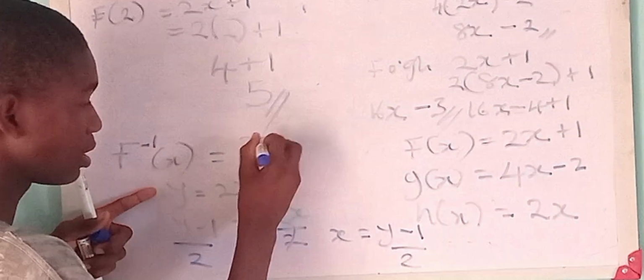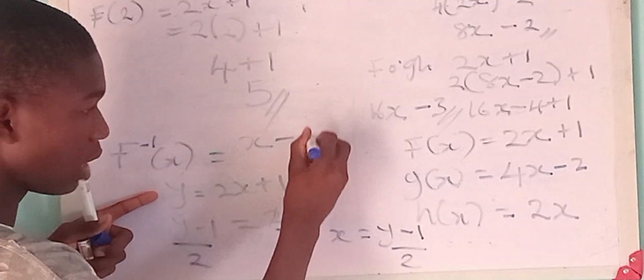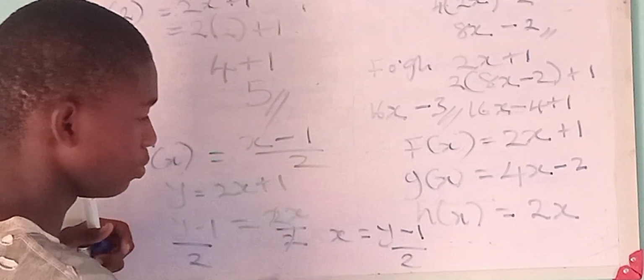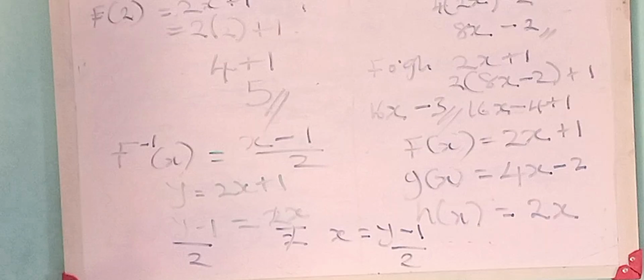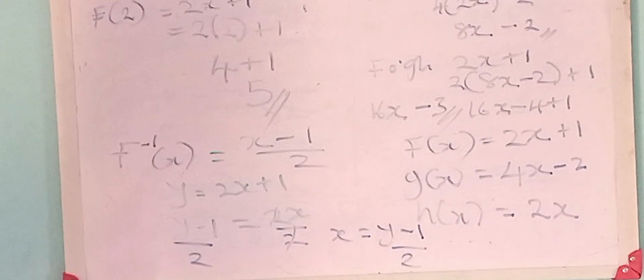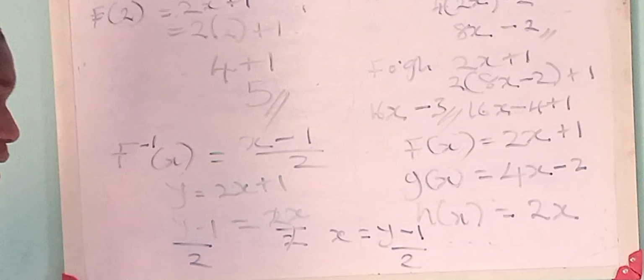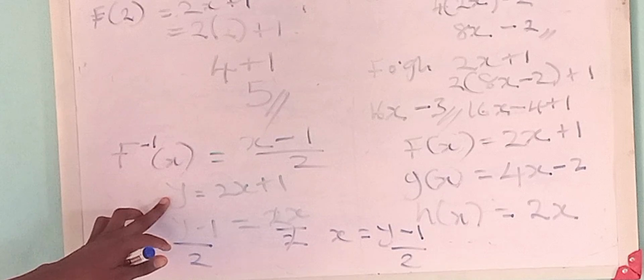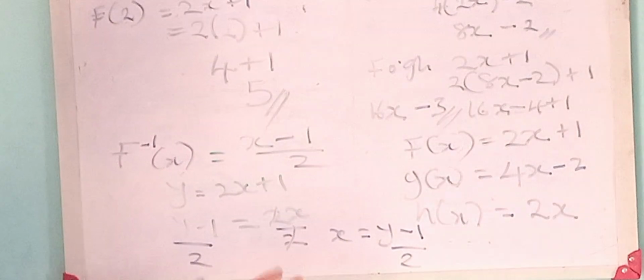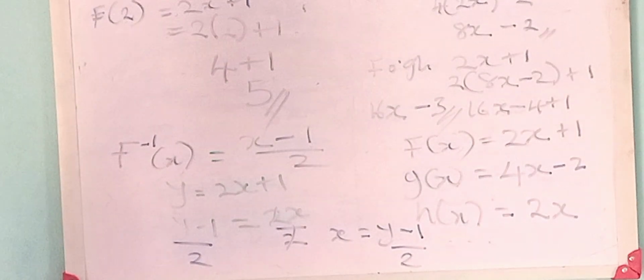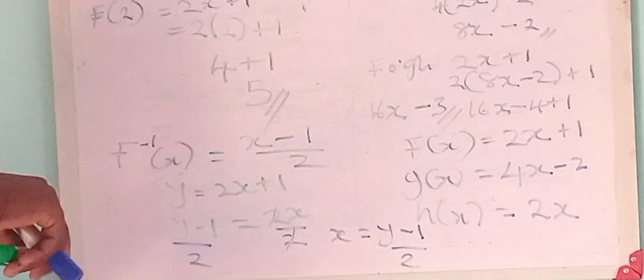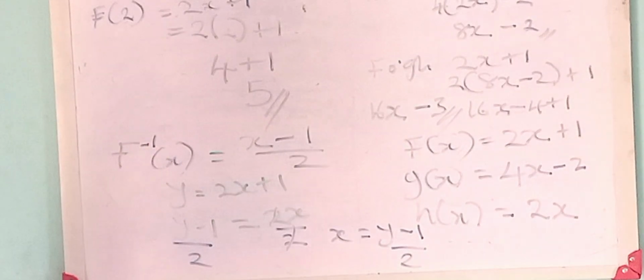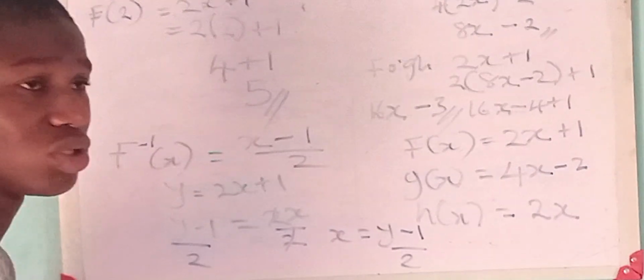So it's going to be x minus 1 all over 2. So that's how to change a function to its inverse state. Like I said, the first thing you should do is to make this place to be y, make x the subject of the formula as a second step, and third step, change the y back to x. So these are the steps involved in solving questions of mapping and function.